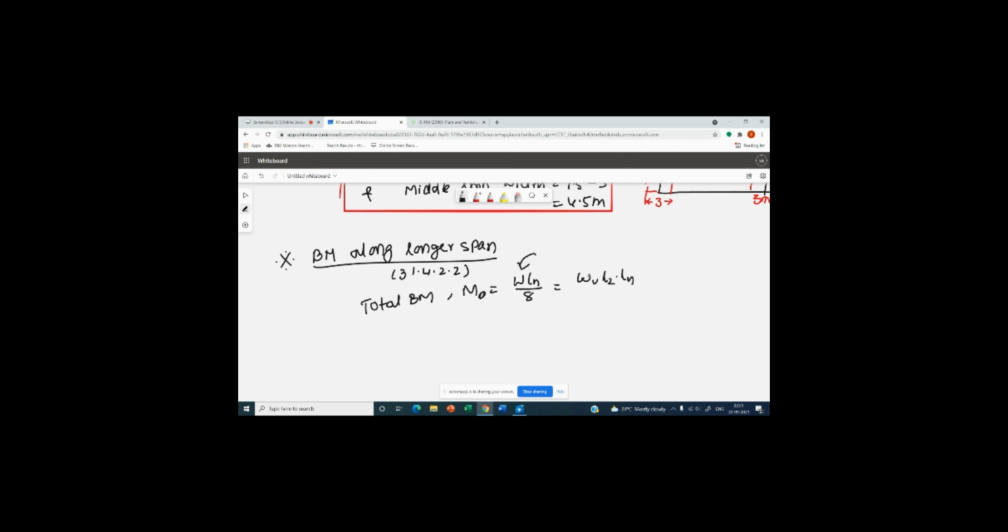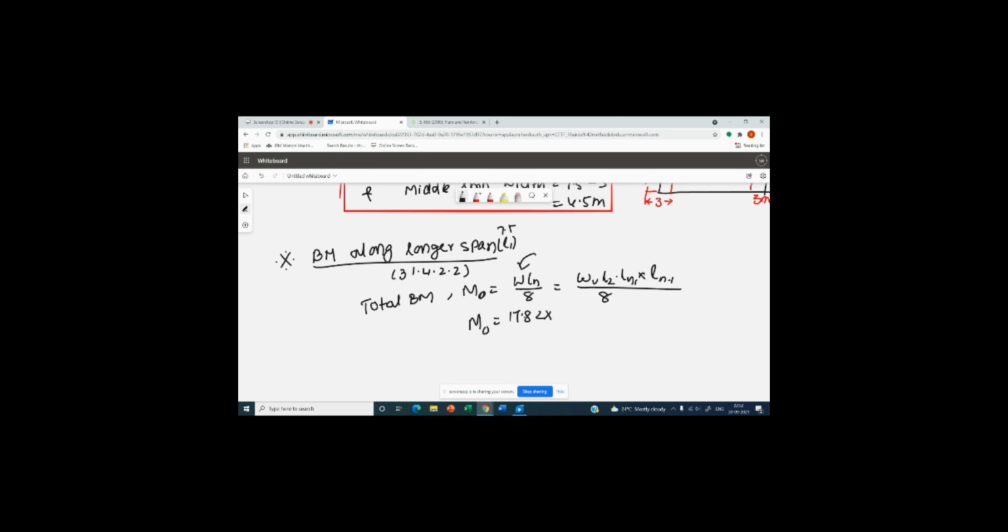I am converting the load which was over an area into a point load, multiplied by Ln1. Because we are finding it along the longer span, L1, that is 7.5 meters, by 8. Let us calculate the bending moment. Total load we found as 17.82 kilonewton per meter square.